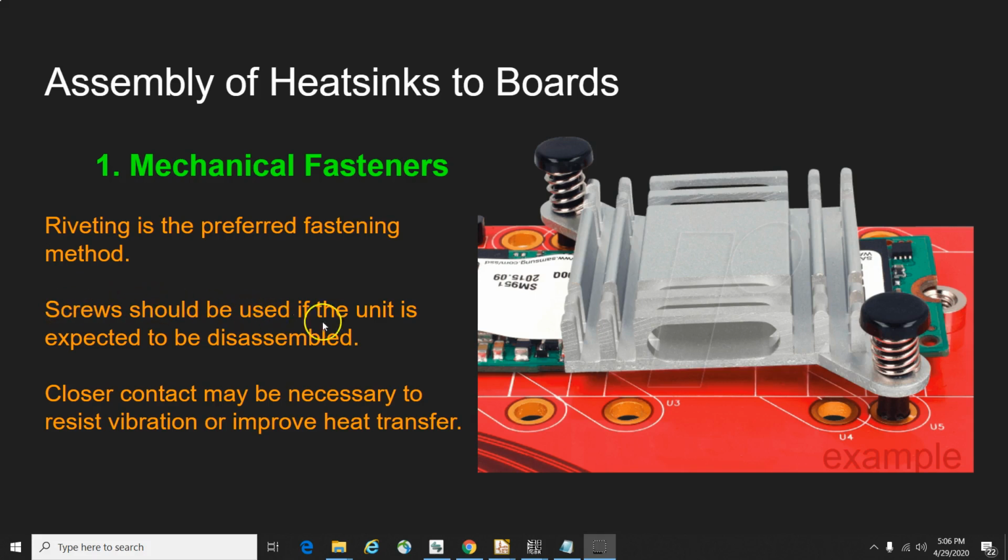Screws should be used if the unit is expected to be disassembled. Closer contact may be necessary to resist vibration or improve heat transfer. So here the use of adhesives along with mechanical fasteners can actually alter the shape of the PCB, but it may help in a vibration environment.